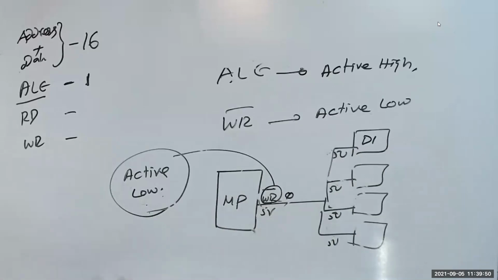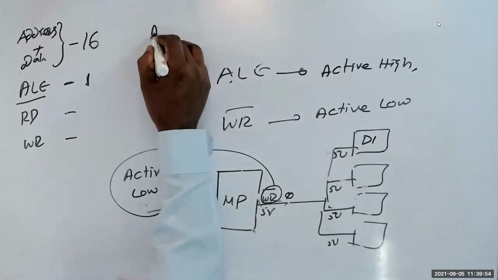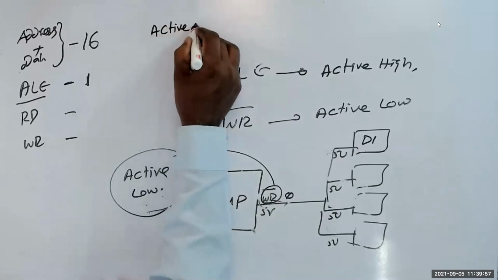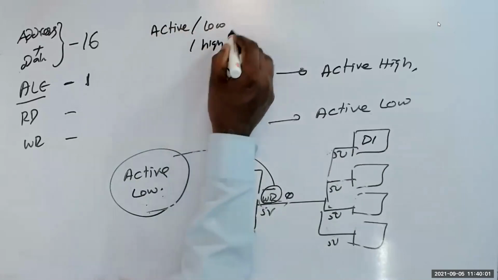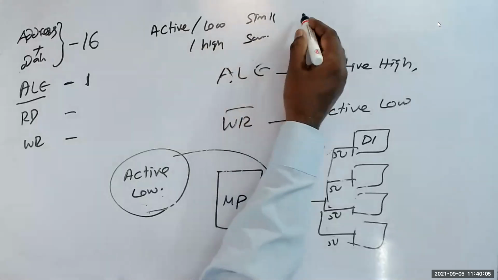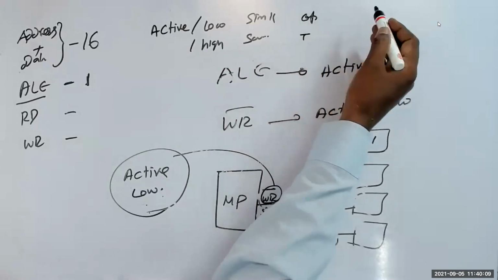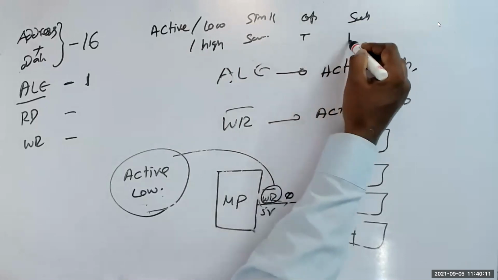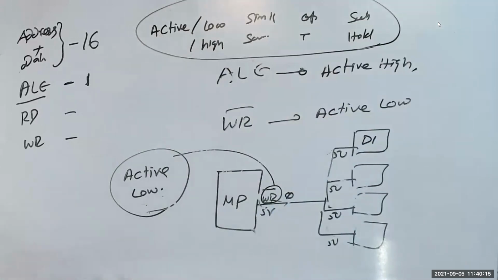But there were multiple things we discussed. One is called active low, active high, sink current, source current, open collector, tri-state, and setup time, hold time. These are all typical terminologies every electronic engineer should know.